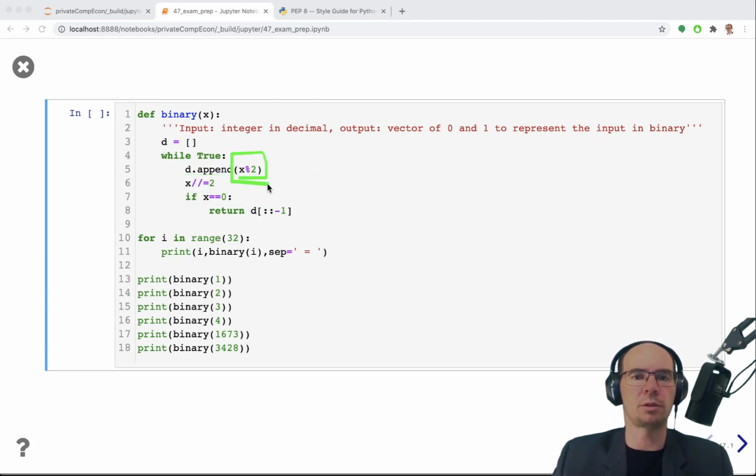The digits are given by the remainder, or modulus division, and then you can organize the algorithm into a loop by reassigning x to its half on every step, by integer division. When x is 0, you just return the whole number. But it would be nice to put the larger digits to the left and the lower digits to the right, so we reverse the list by doing a slice.